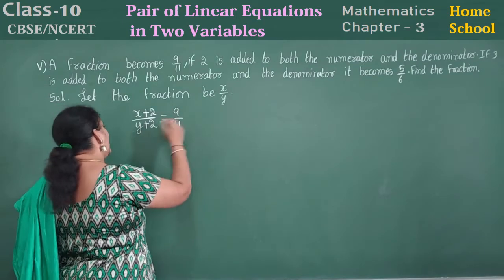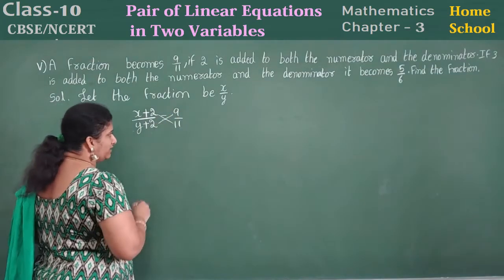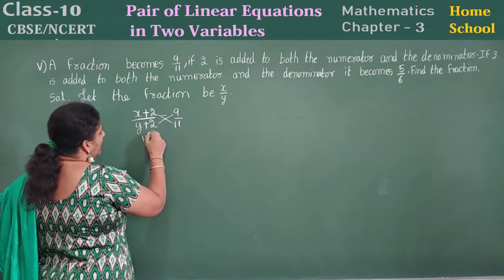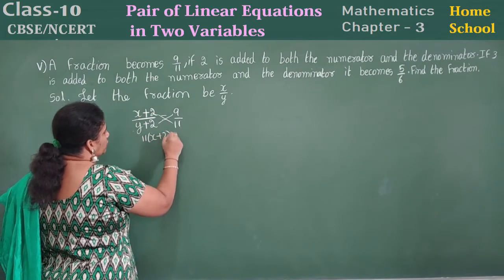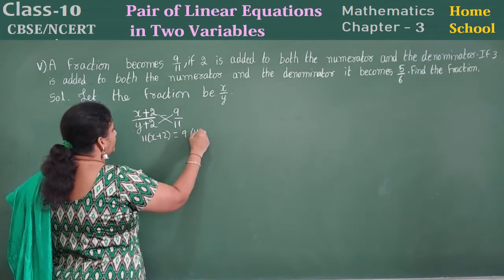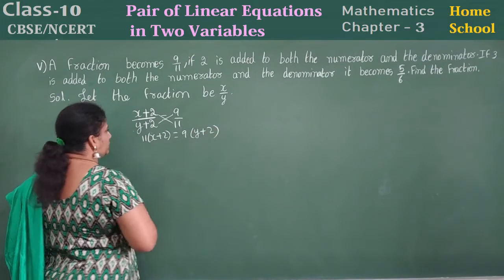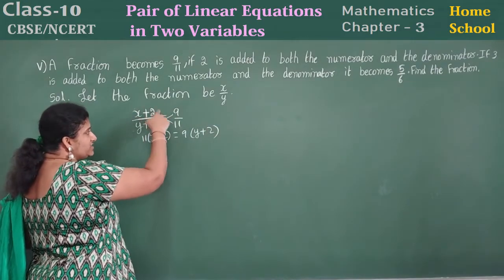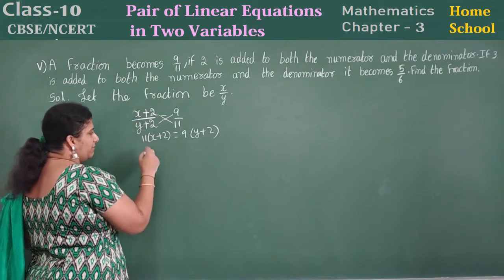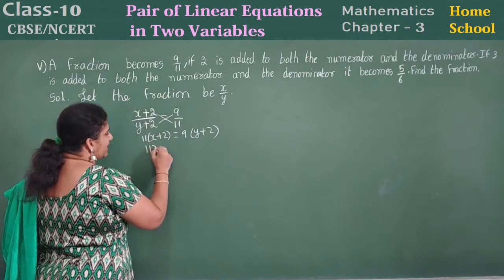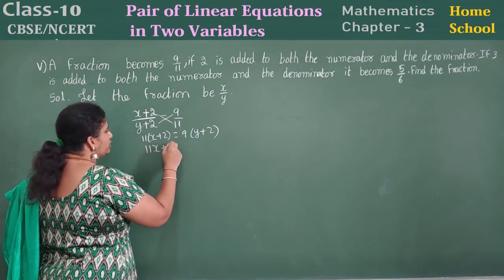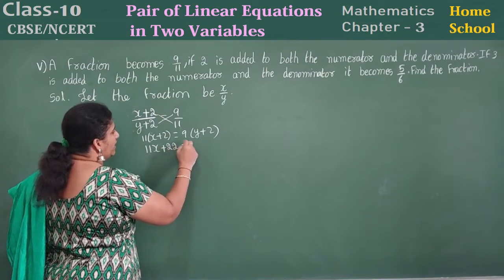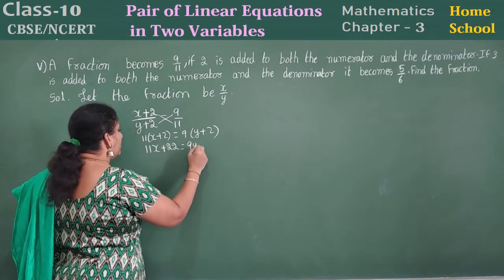How can you rewrite? You can cross multiply here. That is 11 into x plus 2 is equal to 9 into y plus 2. Compulsorily you need to take brackets, children, while you are multiplying the number. 11 into x, 11x. Plus 11 2s are 22. 9 into y, 9y.